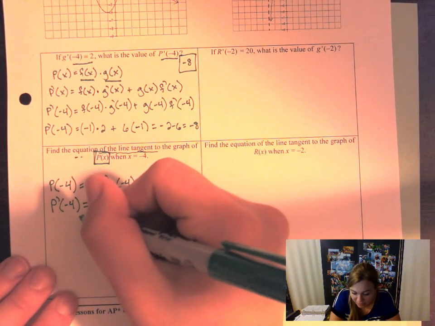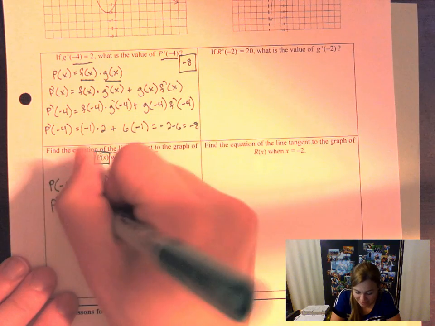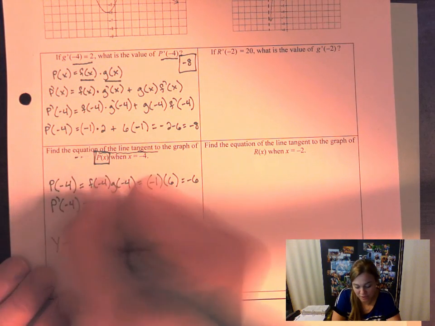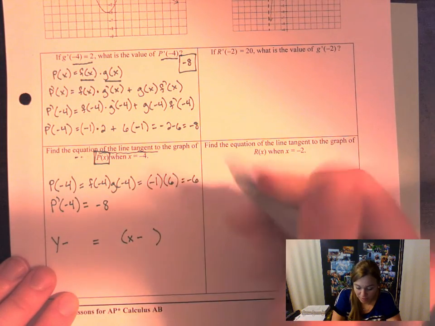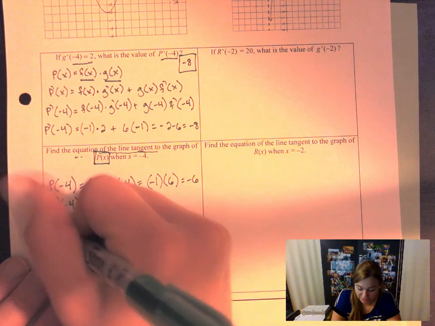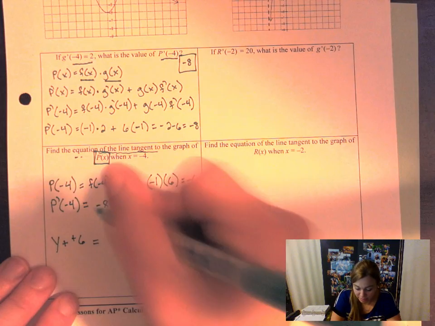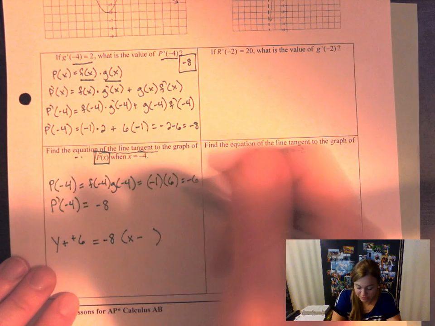P prime of -4, we just said up here was -8. And then I could say y minus y1 is equal to m times x minus x1. My y1 will be this -6, so I'm going to say y minus -6, or I can say y plus 6. My slope was -8. My x value was -4.